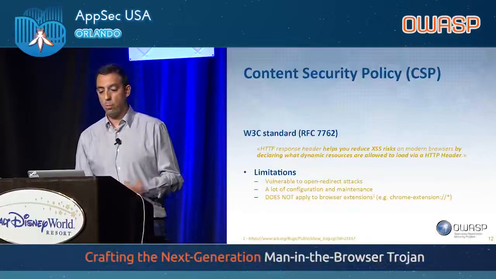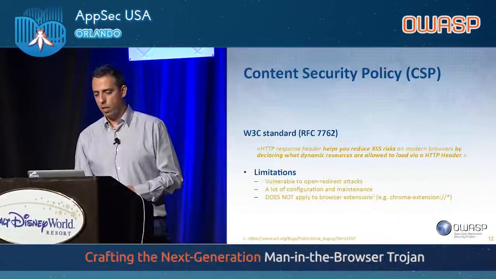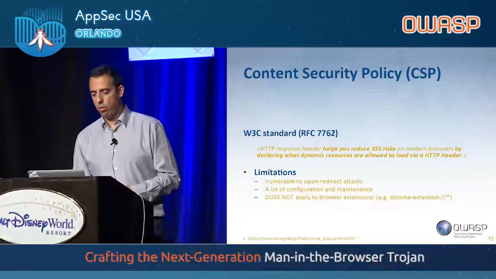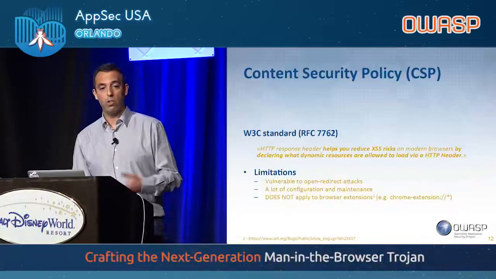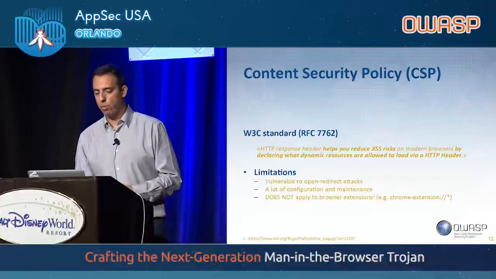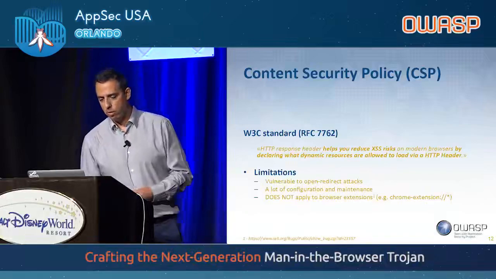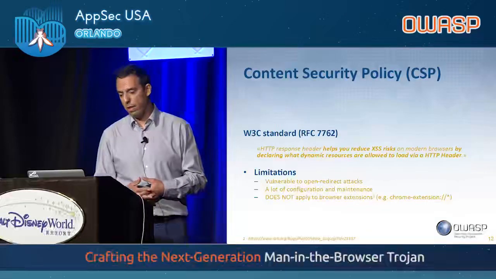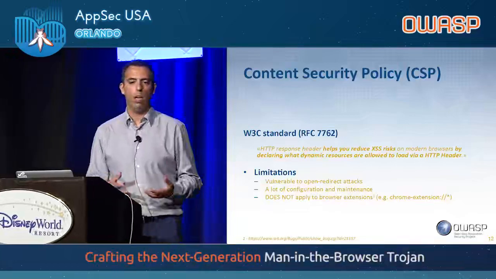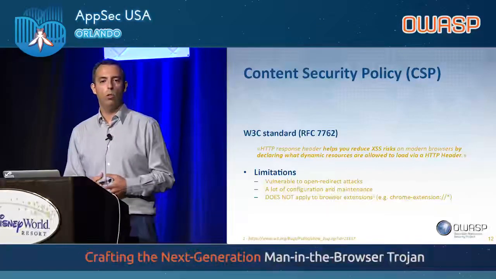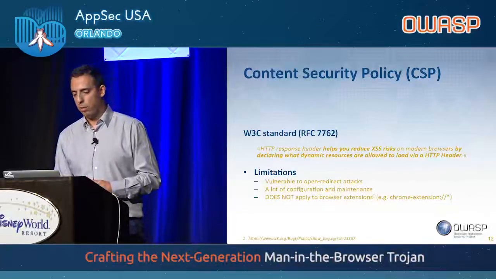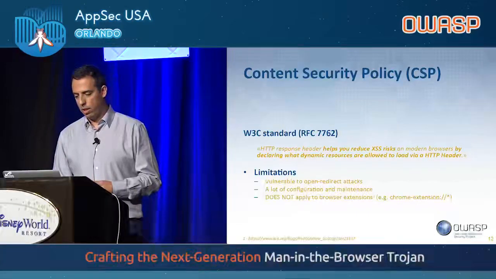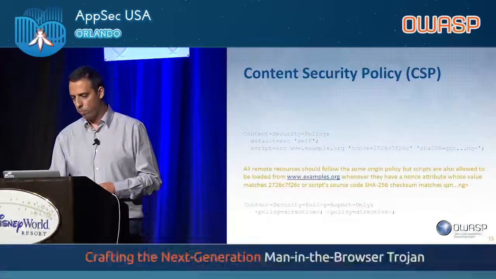So with it, you set policies using a special header, and you are able to define exactly what script should be loaded and where from. One important limitation that I would like to emphasize is that it doesn't apply to extensions. So this is an important limitation that will be relevant in a minute throughout the course of this presentation.